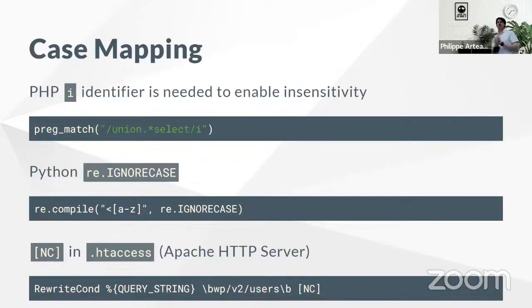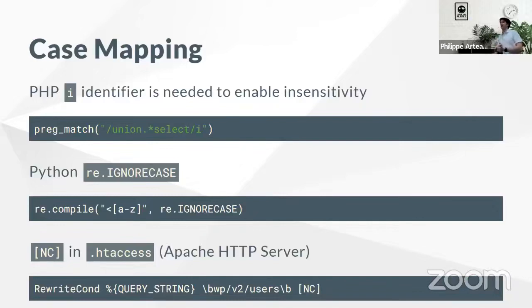The idea is we're not sending a different parameter, but we're going to encode it slightly differently, so that the WAF will not be able to see that it's actually a keyword that it has blacklisted, because it's slightly encoded differently.